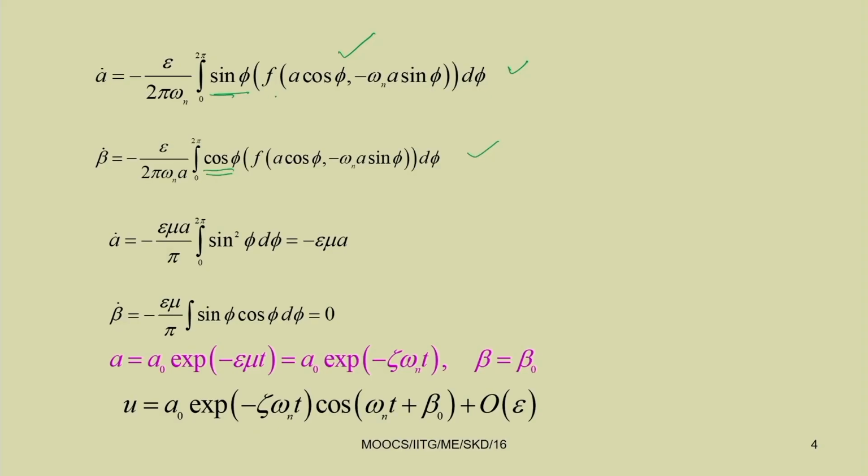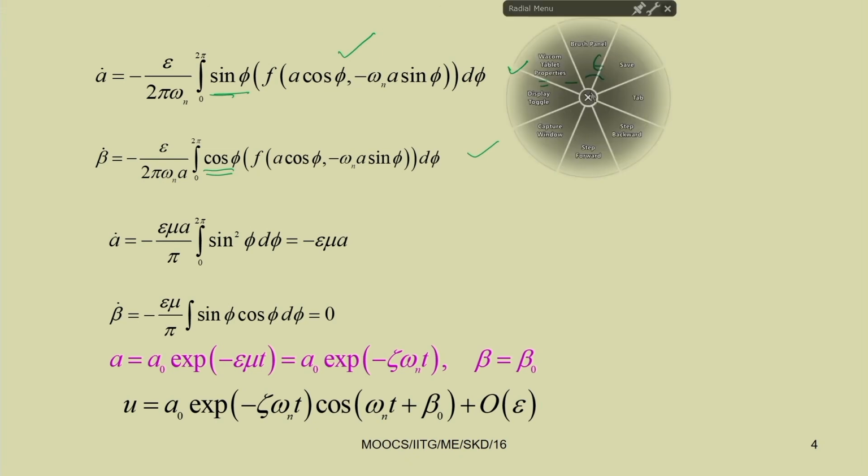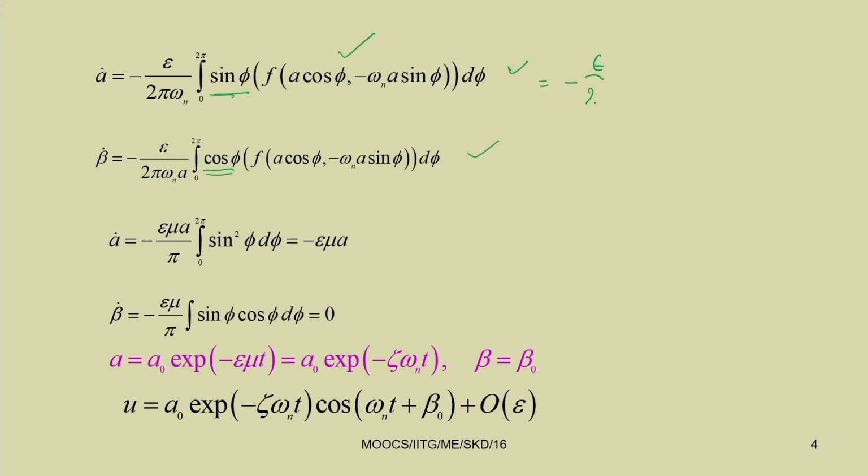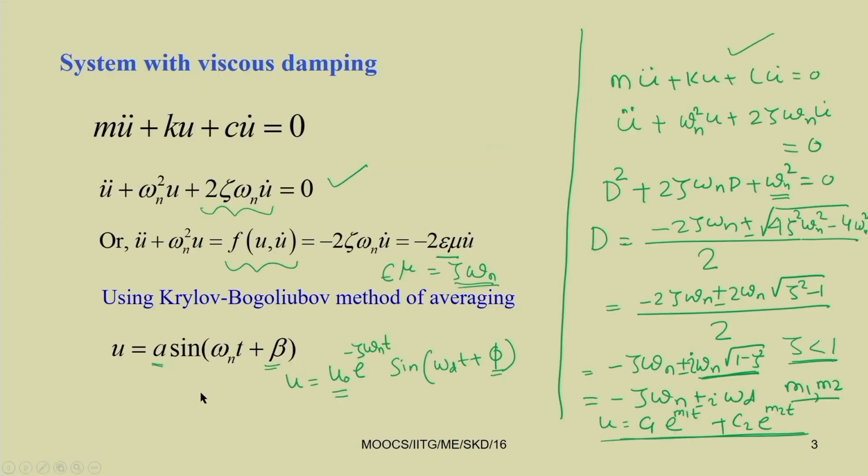Now, A dot is equal to minus epsilon by 2 pi omega n, integration 0 to 2 pi. We have to multiply sin phi with f. You can check what this f is: f equals minus 2 epsilon mu u dot.